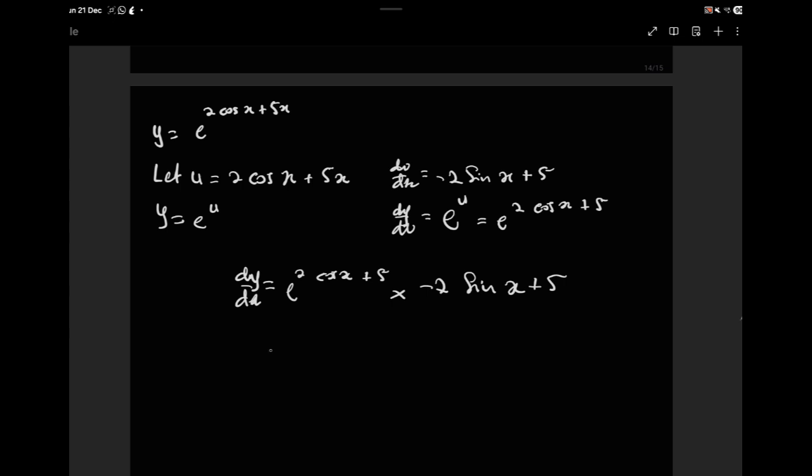Right, so we can just simply put it as negative 2 sine x plus 5 times the exponent of 2 cos x plus 5 as the final answer. So the next one.